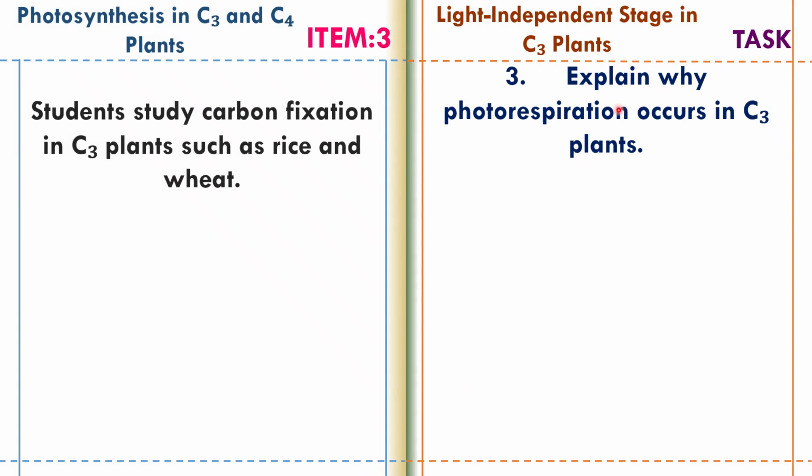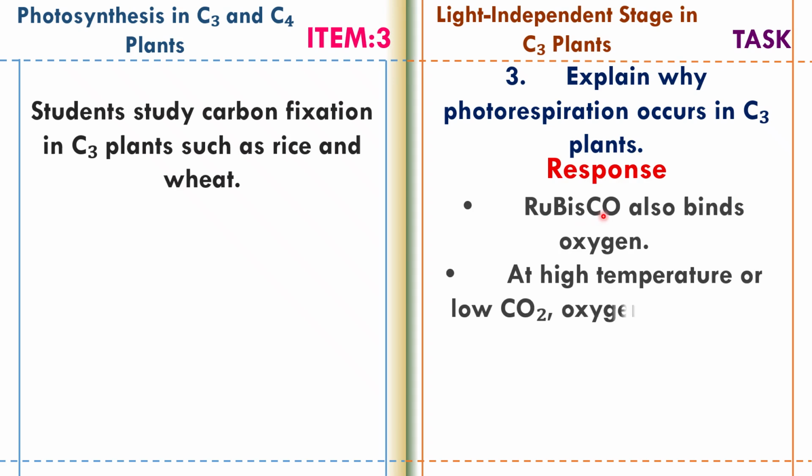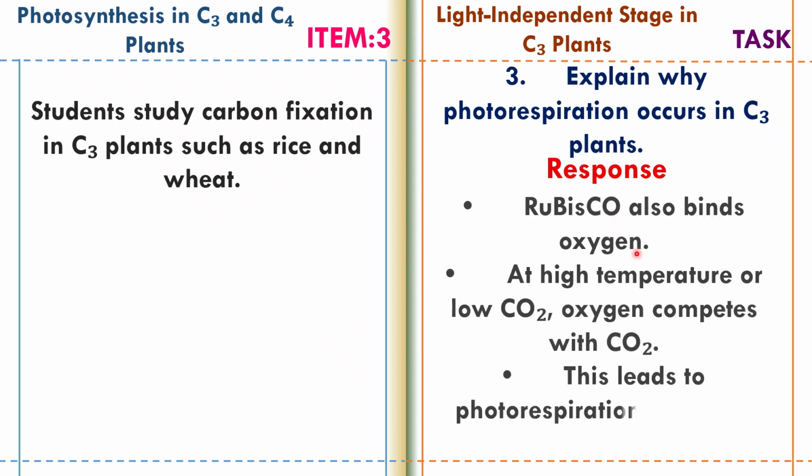Explain why photorespiration occurs in C3 plants. Rubisco also binds oxygen. At higher temperature or low carbon dioxide, oxygen competes with carbon dioxide. This leads to photorespiration, reducing efficiency.